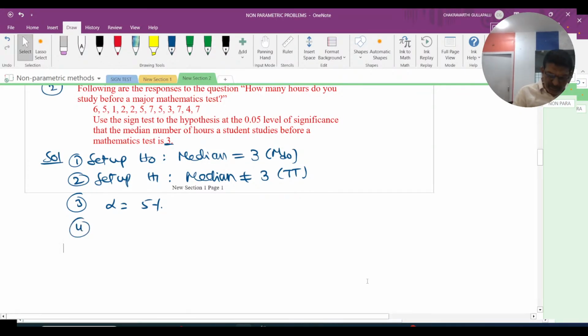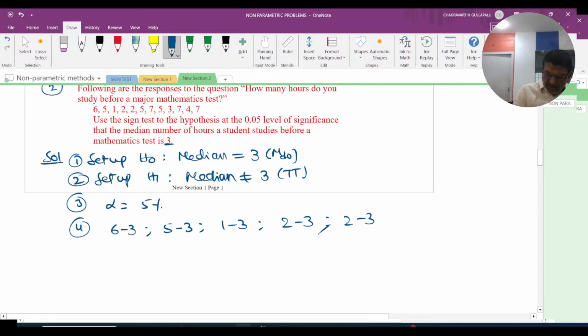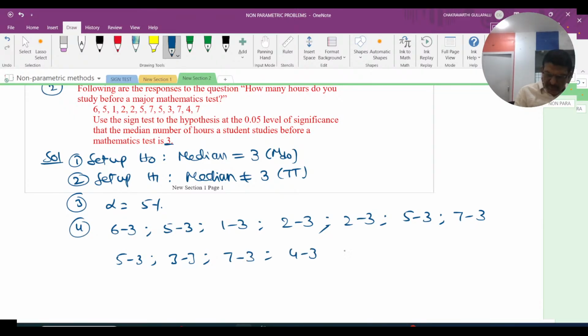Step 4: find the deviations based on the median. Subtract 3 from each observation: 6 minus 3, 5 minus 3, 1 minus 3, 2 minus 3, next observation 2 minus 3, 5 minus 3, 7 minus 3, 5 minus 3, 3 minus 3, 7 minus 3, 4 minus 3, 7 minus 3.